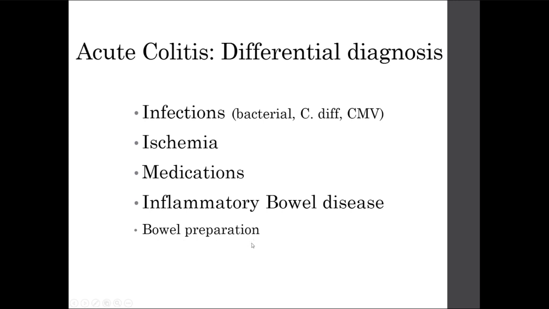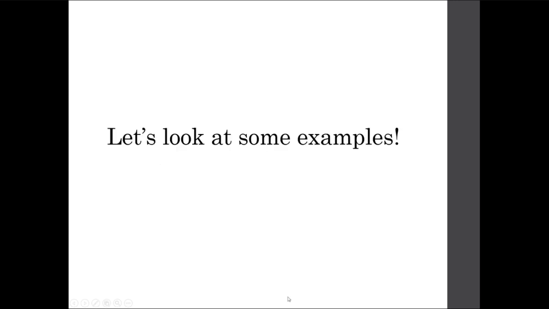It's not a comprehensive list, but it's the most frequent things that we see in clinical practice. I listed down here bowel preparation. It doesn't mean the bowel preparation gives you acute colitis, but many times we see rare intraepithelial neutrophils in cases of bowel preparation. So it may come up in the differential for that reason. But obviously the patient shouldn't have any clinical symptoms if it was bowel preparation.